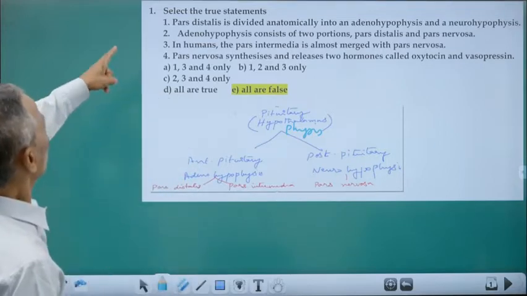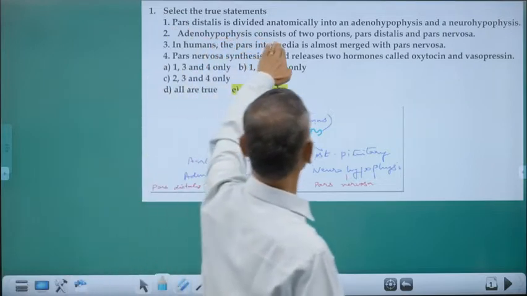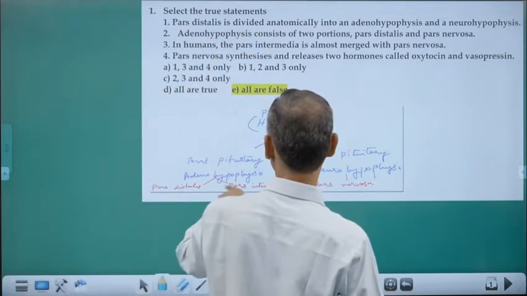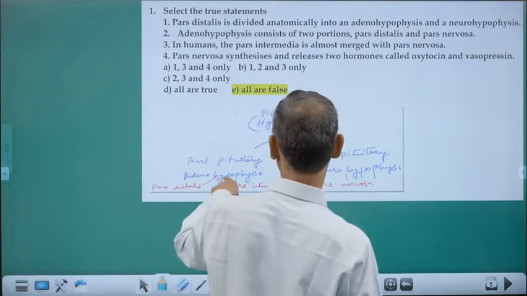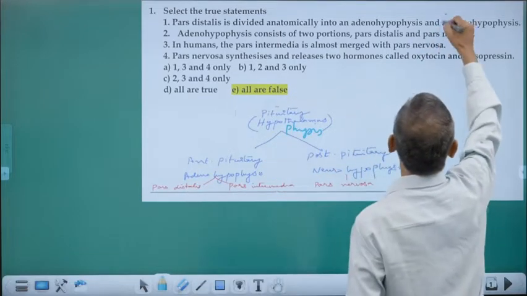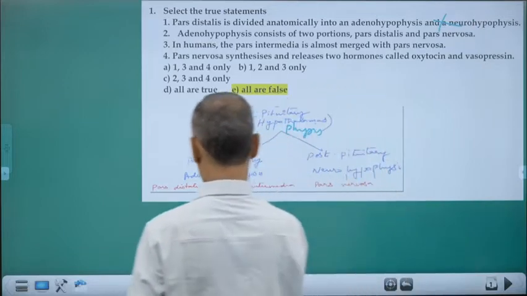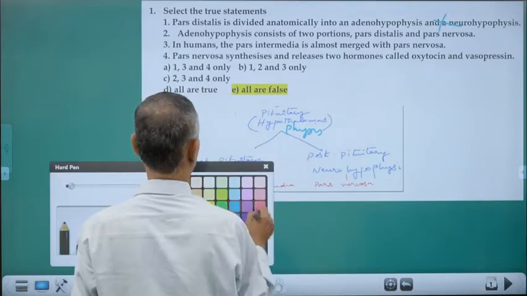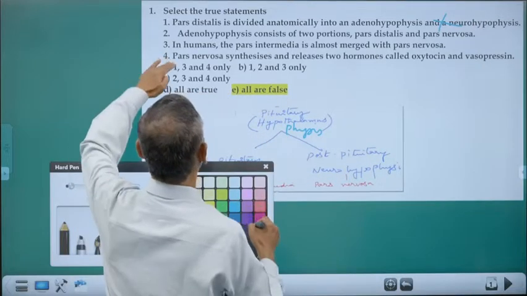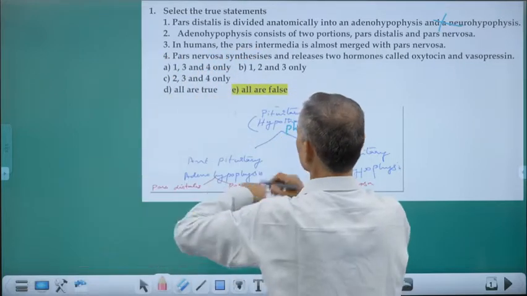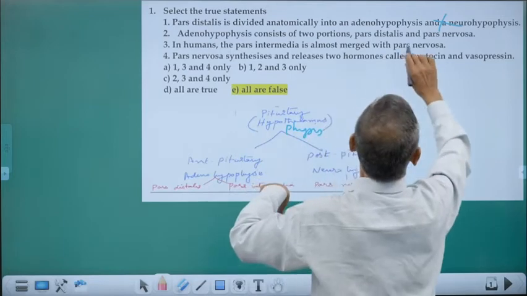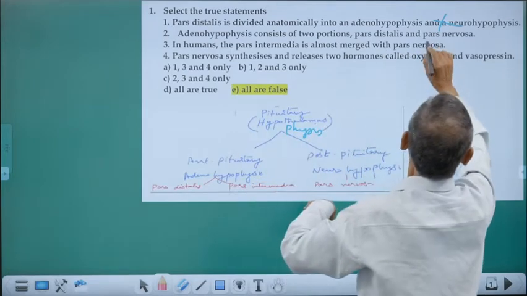Now you go. Pars distalis is divided into anatomically. No, pars distalis is only a part of the anterior pituitary or adenohypophysis. Adenohypophysis consists of two portions. No, adenohypophysis, see, pars distalis and pars nervosa.